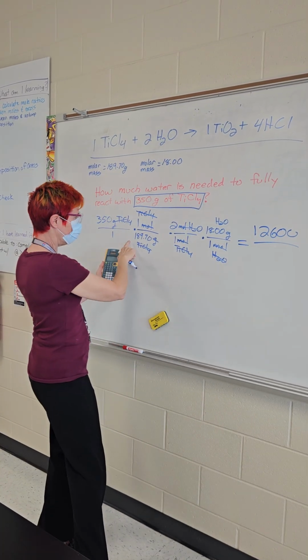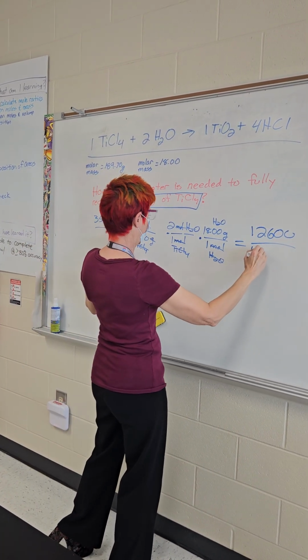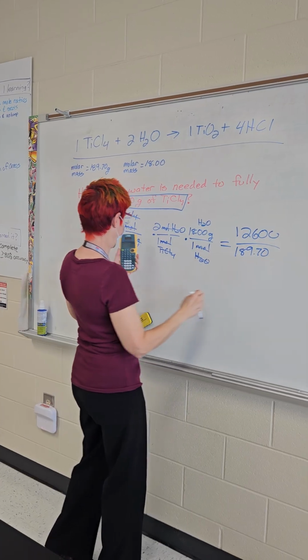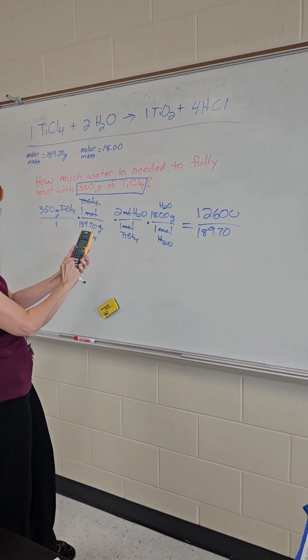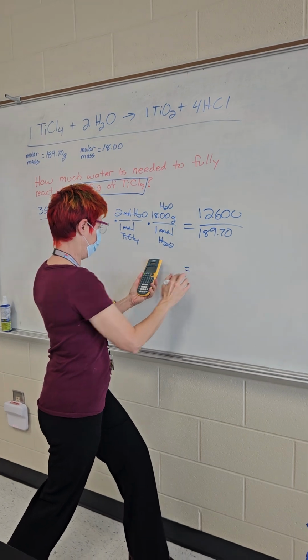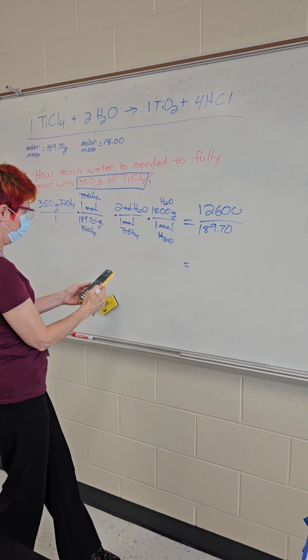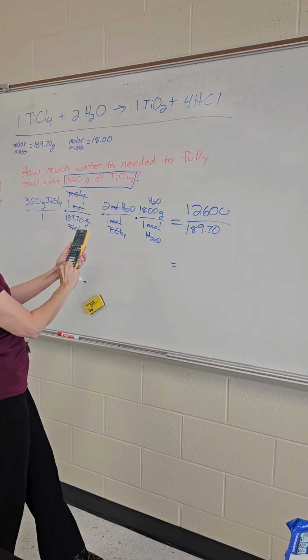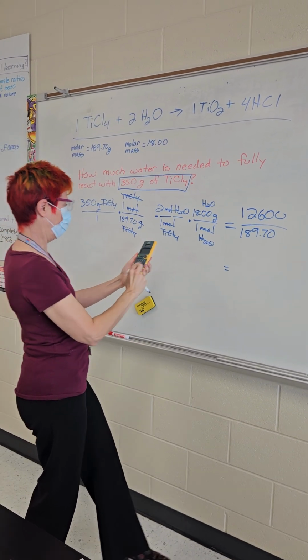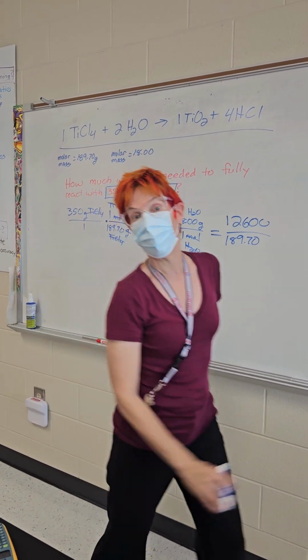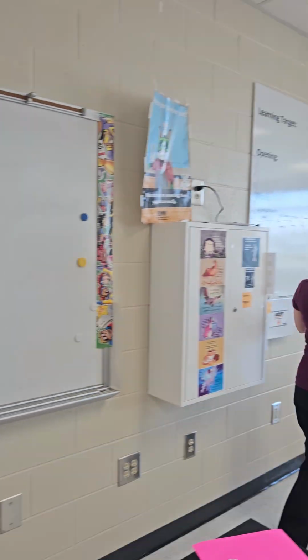I'm going to multiply everything across the bottom, which is just that number. And now I take the top and divide it by the bottom. And my calculator turned off. So we're going to try that one again. And I'm going to go grab a new calculator.